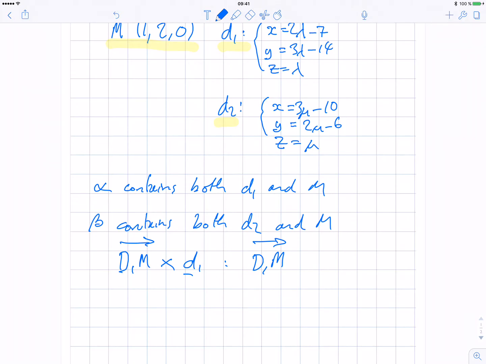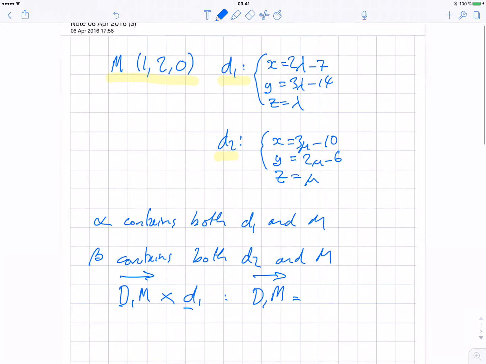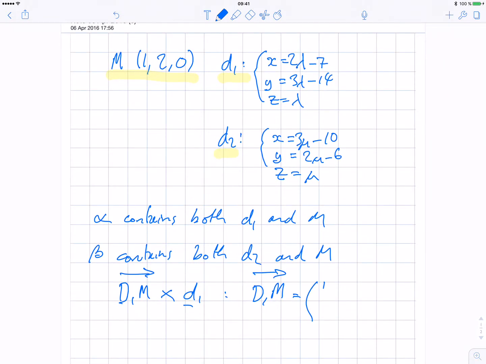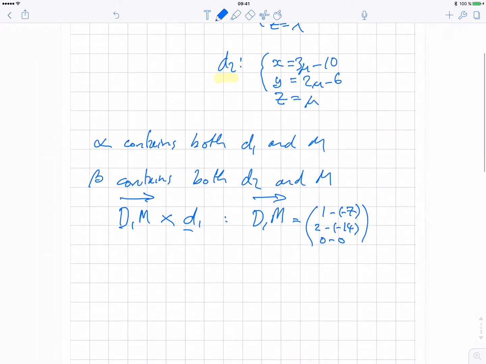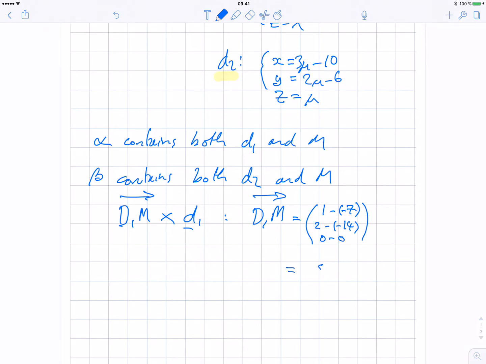So the vector D1M is equal to 1 minus 7, 2 minus negative 14, and 0 minus 0, which is equal to 8, 16, 0.